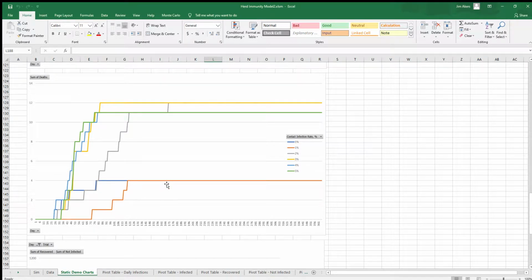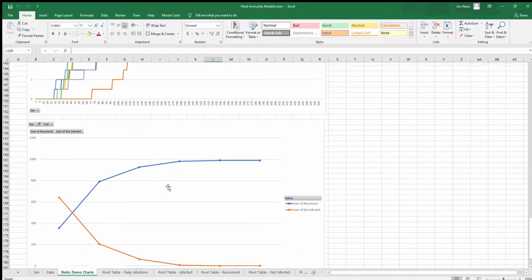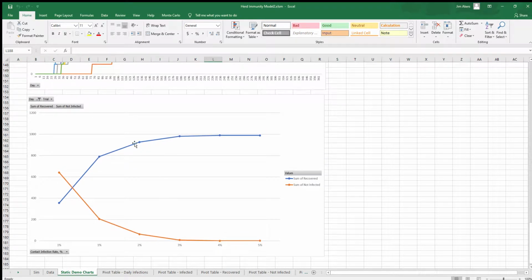Those really have lower death rates overall, primarily because fewer people are infected. This chart shows the sum of the number of recovered people at the 1, 1.5, 2, 3, 4, and 5, comparing that directly to the not infected totals.